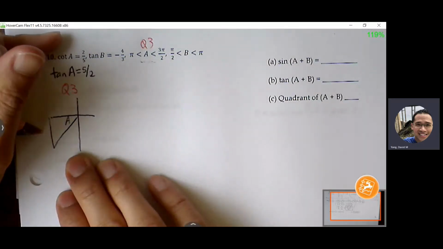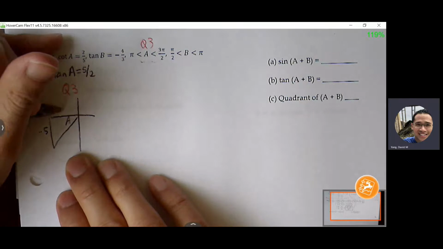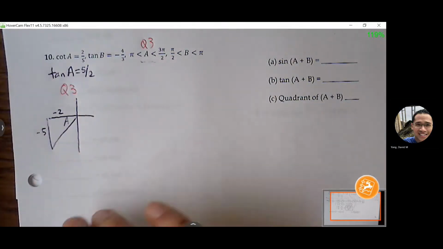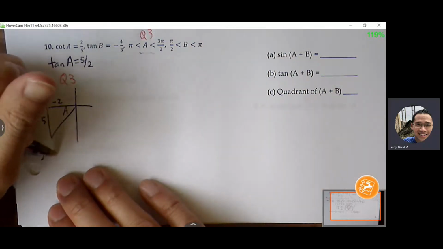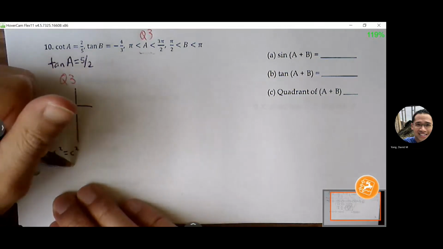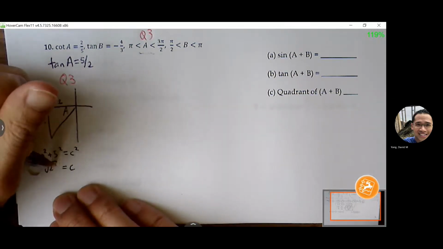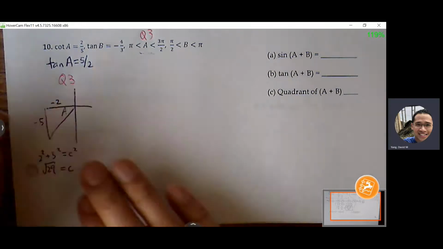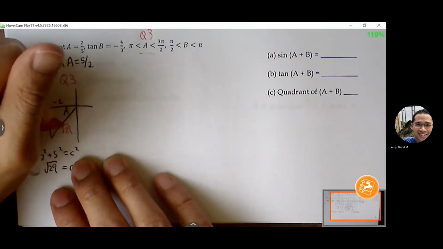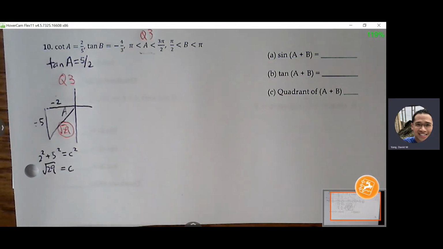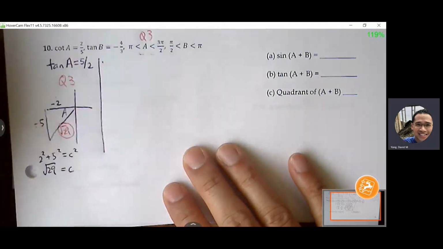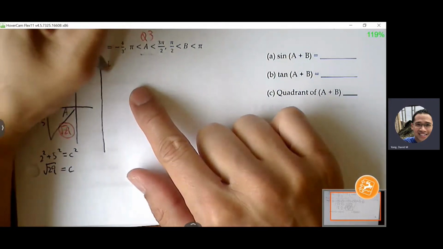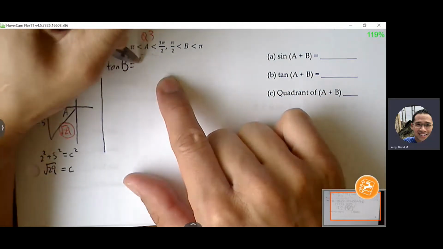But it's actually opposite, -5, adjacent, -2. Are you guys okay with that? Okay, Pythagorean theorem gets you to your C value. Square root of 29. All right, so we have that from the first triangle. Let's find the second triangle. Tangent of B is -4/3. Which quadrant?